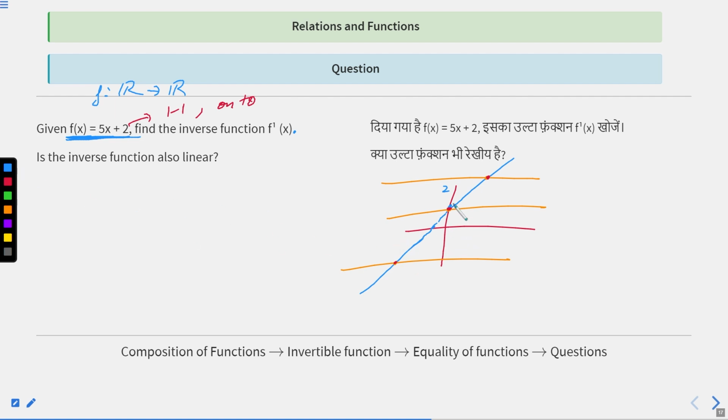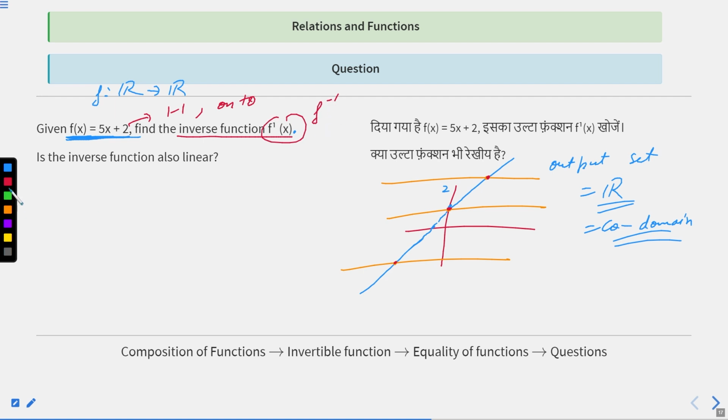You can easily see from this graph that your output set is equal to R, and R is my codomain. So this means it is onto also. I hope that it is clear. That's why we are directly asking for f inverse.